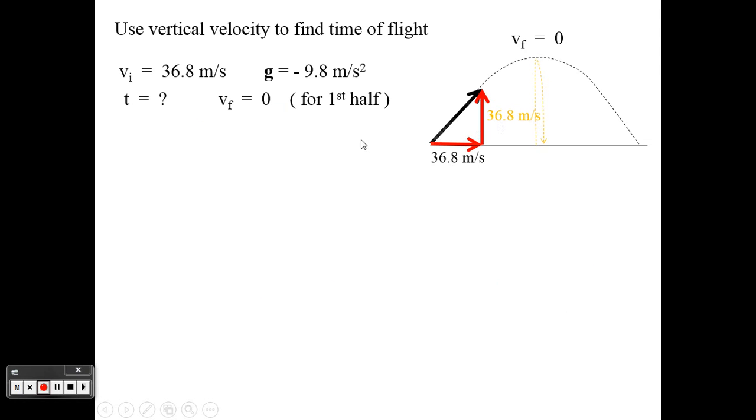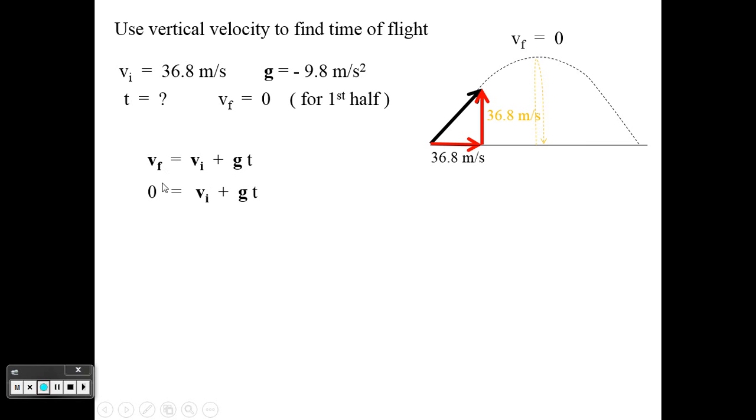So here are my components. Now I want to find the flight time. That depends only on the vertical velocity. 36.8 meters per second initially, and a final velocity of 0 at the top for the first half of the flight. I'm going to use v sub f equals v sub i plus gt.